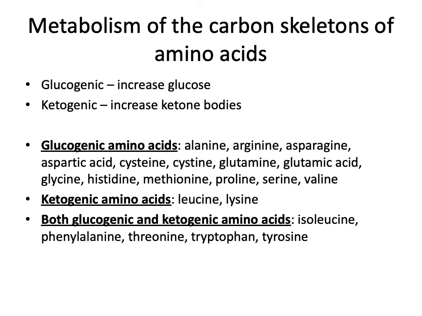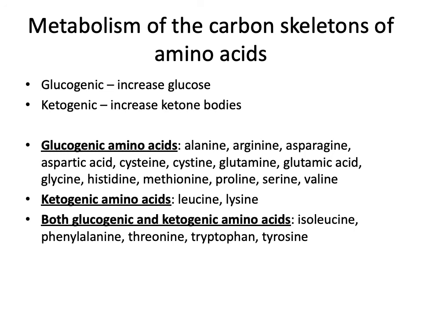Okay, again, we want to remember that some amino acids feed into sugar precursors, and those are the glucogenic amino acids that can generate glucose, and those are listed on this slide. There are also ketogenic amino acids that feed into the TCA cycle.